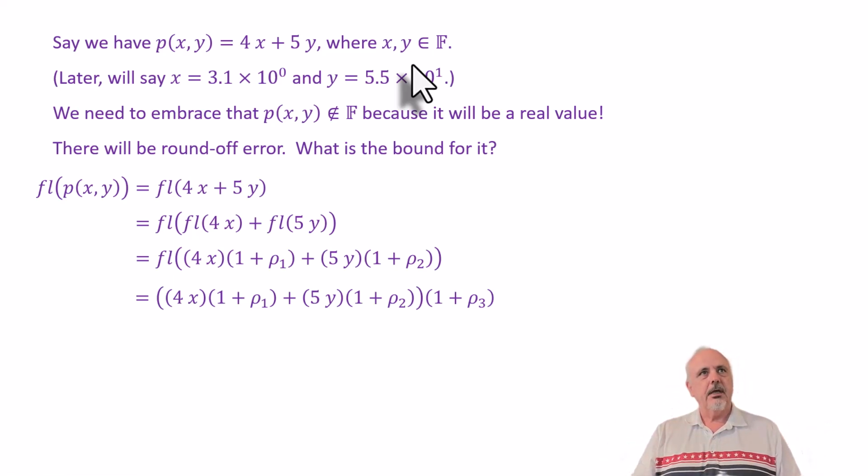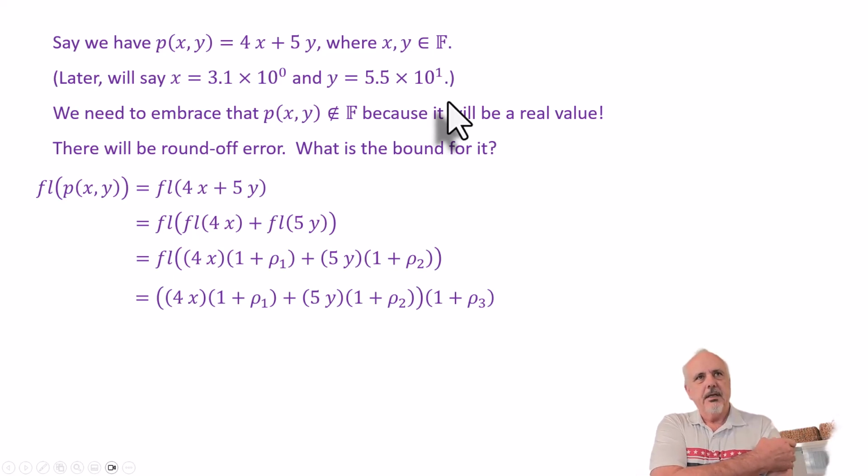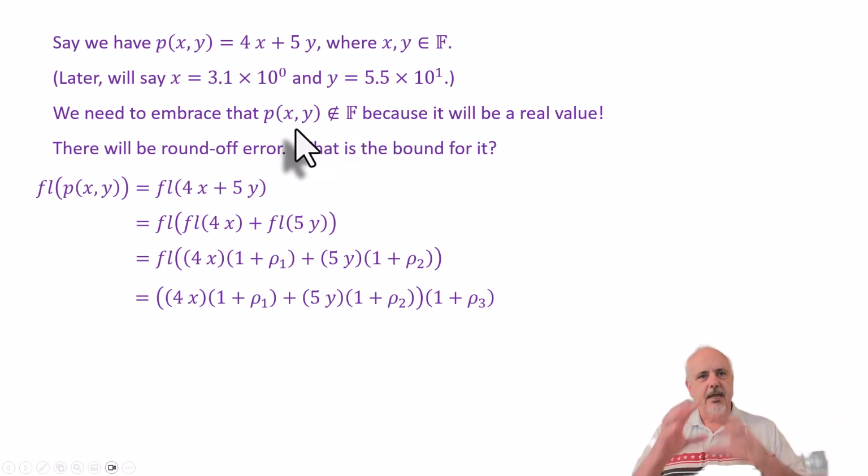I'm actually going to use these values later on to give you an idea. But I want you to embrace that the resulting operation of 4x plus 5y is not going to be a float. It's going to be a real value, and we have to think about what the round off is going to be and what the bound for round off is going to be.